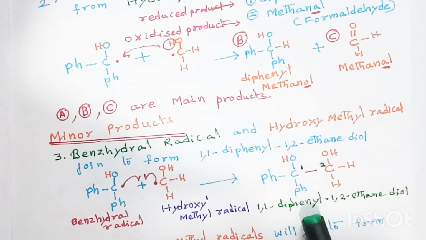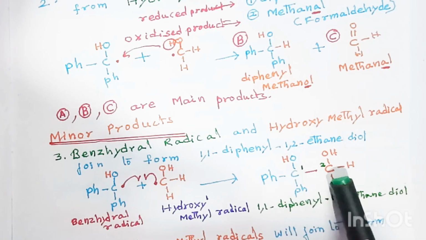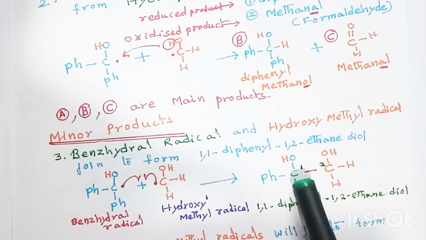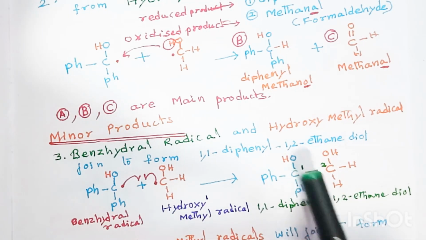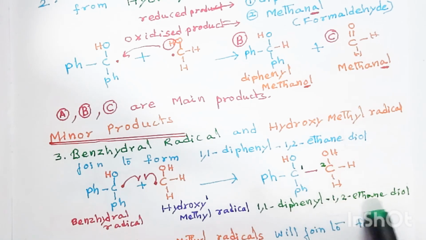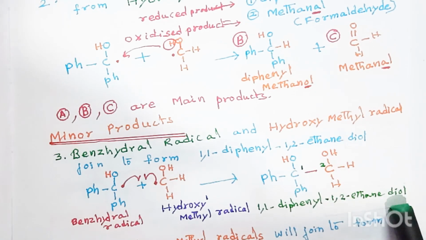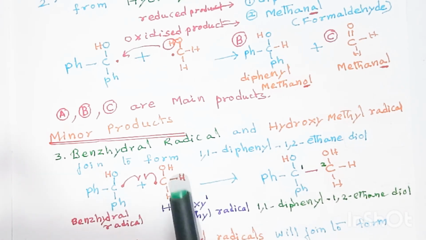So 1,1-diphenyl-1,2-ethanediol, because OH groups are present in first carbon and second carbon, we call it 1,2-ethanediol. So this is a minor product.